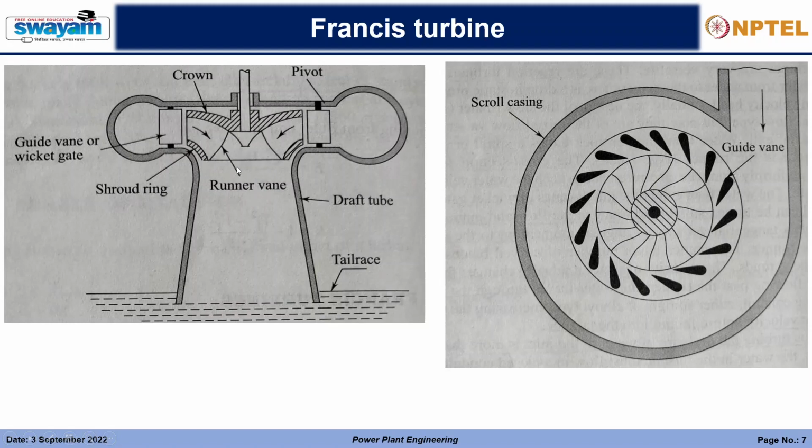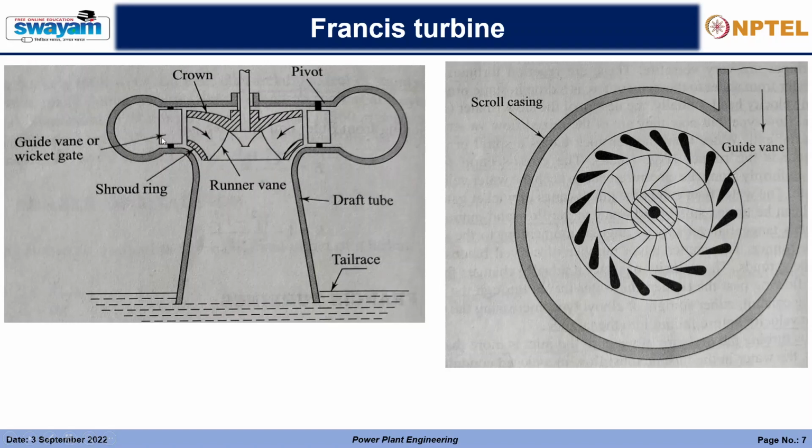Somewhere the pressure will go below the pressure at which the water will directly convert into gas, right? Then huge pressure waves will be generated due to cavitation. As a result, it may damage a few of the components. That is why the draft tube is given.